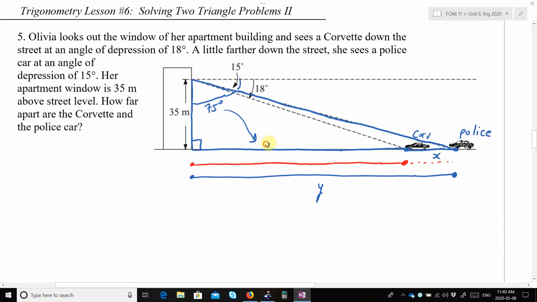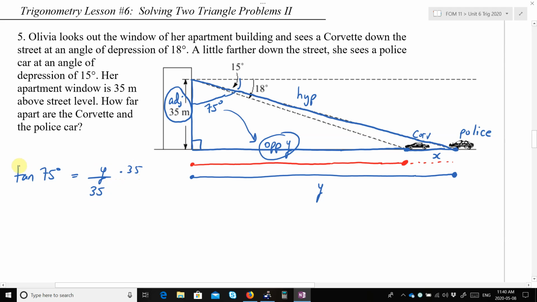Across is the opposite side, that's what we're looking for, that's Y. Across from the 90 is the hypotenuse, so this is the adjacent. We're dealing with opposite and adjacent, so that's tan. So tan of 75 degrees is equal to Y over 35.